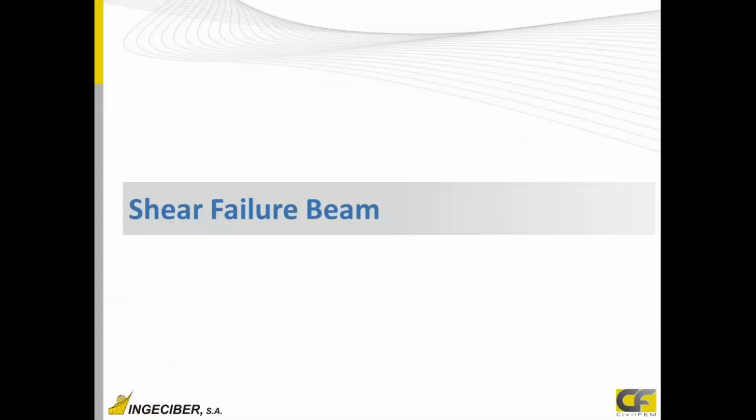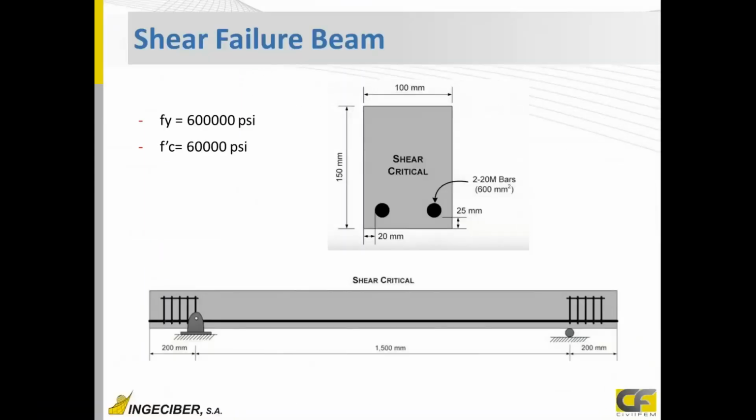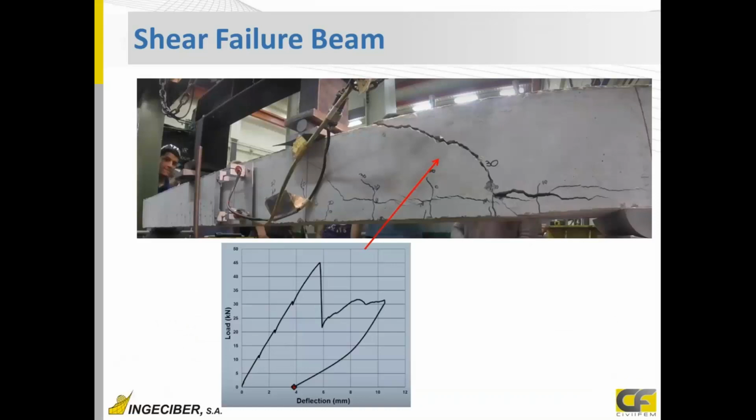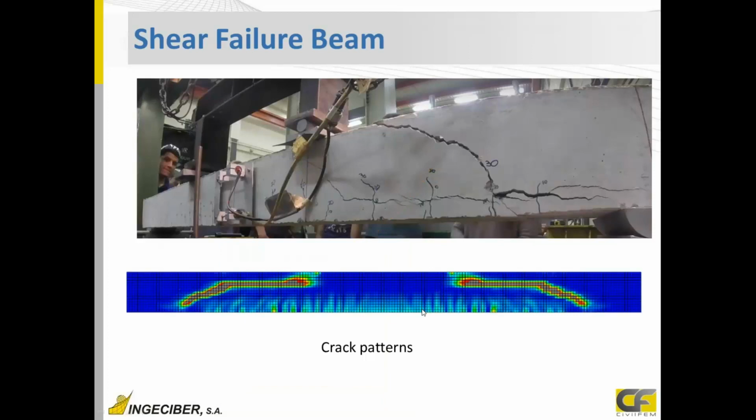So if we compare with the real test we had, here you can see the model is the same, and here you can see that shear cracks are developed, high shear cracks, and also we have the same type of behavior, vertical and suddenly collapse. Crack patterns are very similar between the real test and CivilFEM.